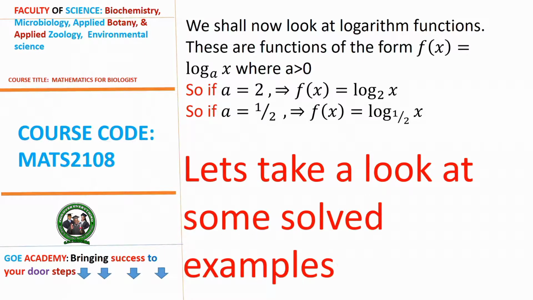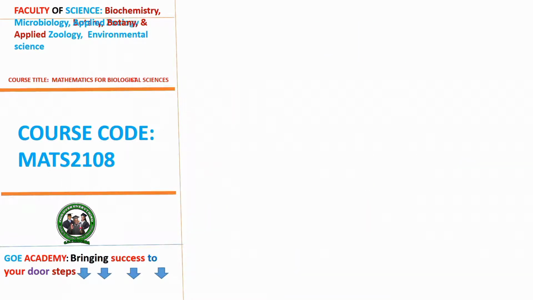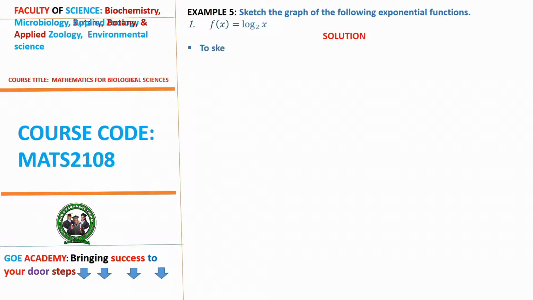Let's take a few examples for better understanding. If I ask to sketch the curve f(x) = log x base 2, how do we go about that? It's the same approach, but here you have to be careful.